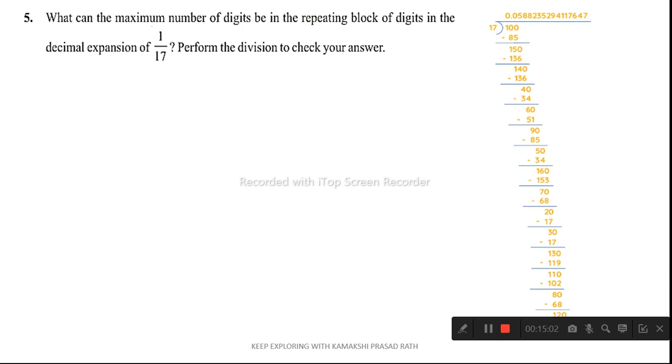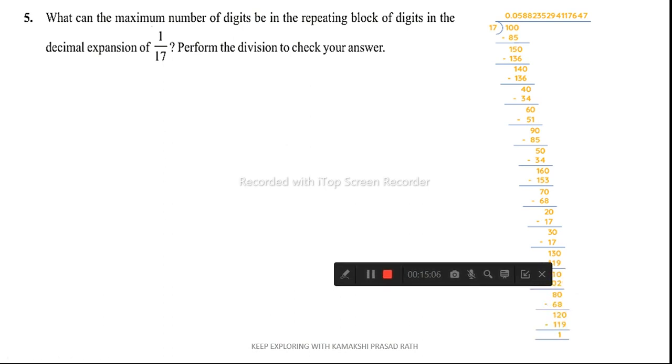Here we can see that in this place, the remainder is 1. We have to see after how many steps the remainder 1 repeats itself. The remainder 1 is present only at the beginning; in all the other cases, there is nowhere 1. So 1 repeats itself after 16 places.